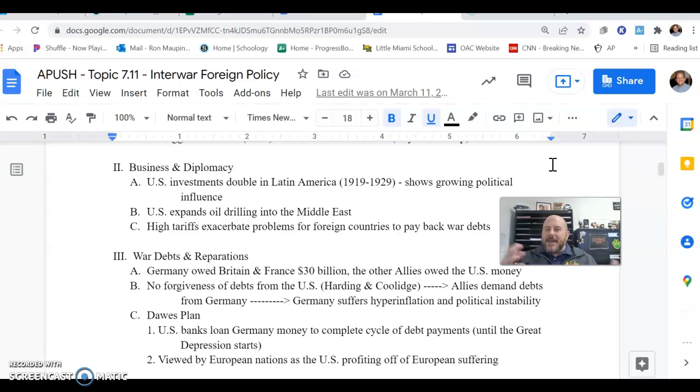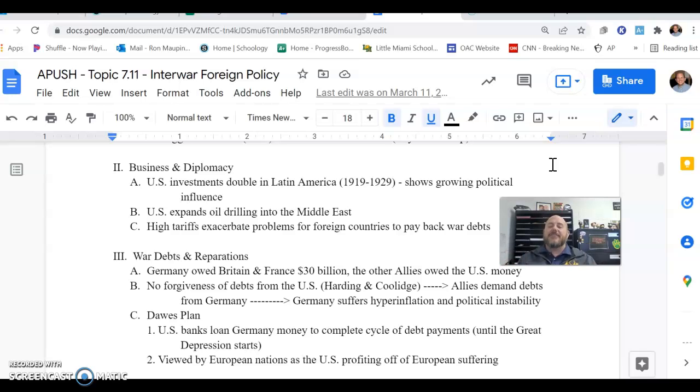By having this method of forced debt payments and American banks kind of greasing the wheels for this, it certainly sends the message that America does not really have much humanity in terms of dealing with these issues, and that it seems America was much more willing to make a buck off of the financial suffering of European nations rather than focus on doing what might be viewed as a humane thing, given that America was very prosperous and had a lot of money at the time.